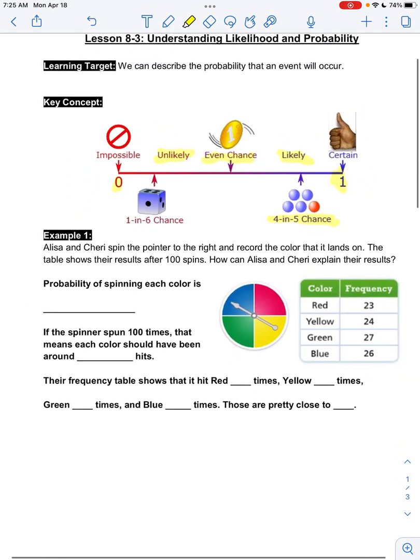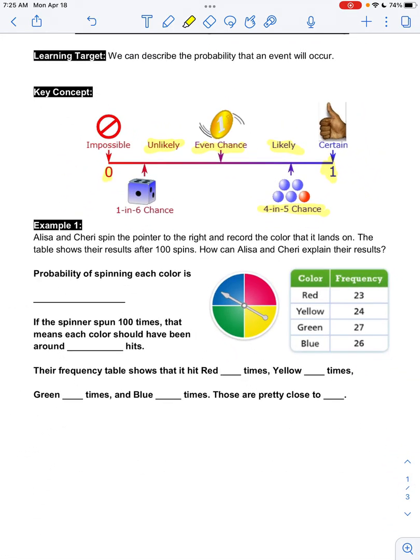All right, let's take a look. Elisa and Sherry spin the pointer to the right and record the color that it lands on. The table shows their results after 100 spins. How can Elisa and Sherry explain their results? So this looks like we have an even spinner here. All of the sections are the same size.